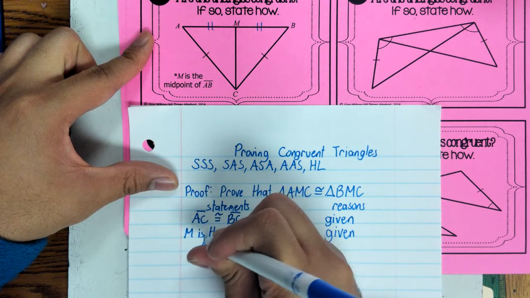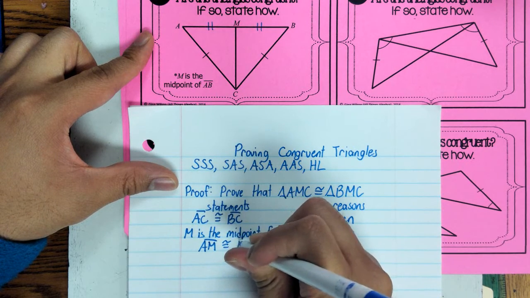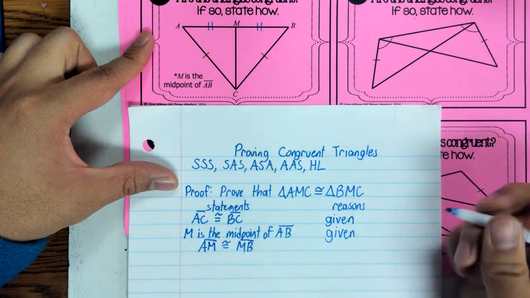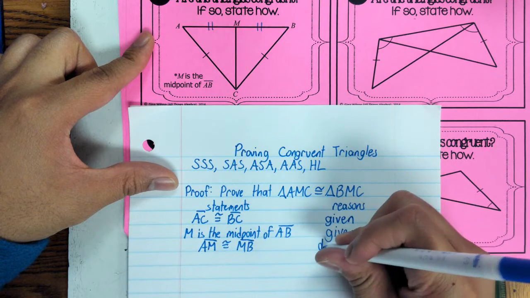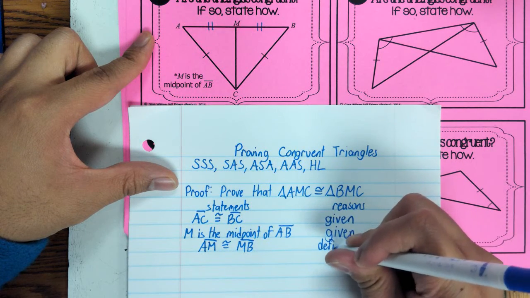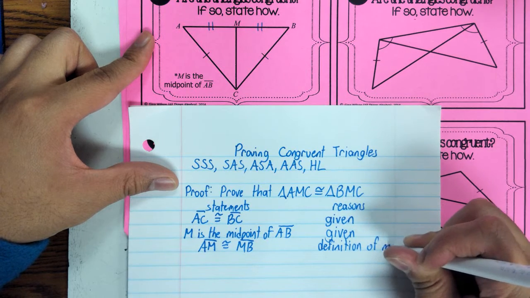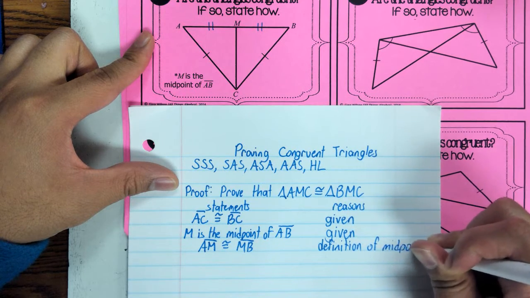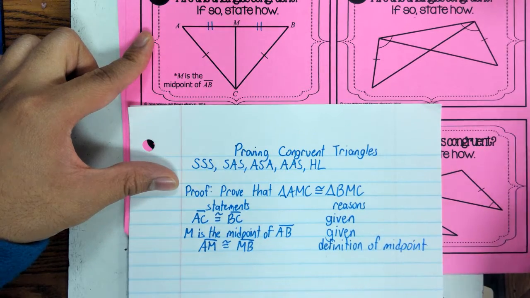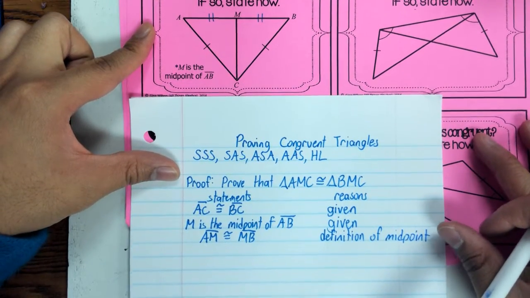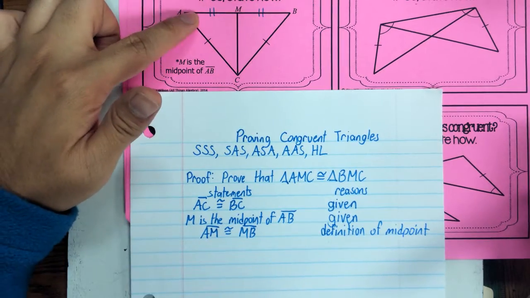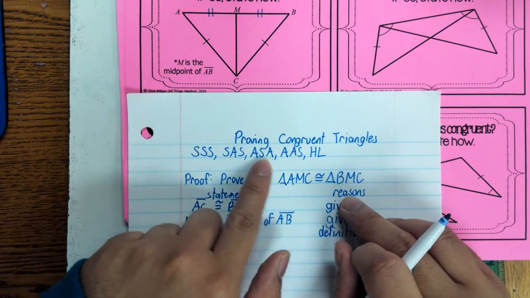So AM is congruent with MB. Reason for that is the definition of midpoint. So we have a side, we have another side. Looks like we'll be using one of these 4.